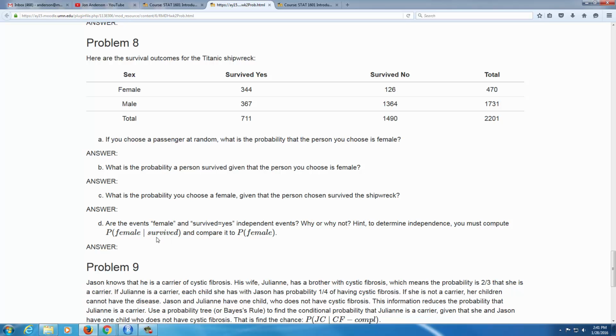If knowing the survival information doesn't change your probability about being a female passenger, surviving is an unrelated piece of information, and surviving and female would be considered independent. If these probabilities are not equal, then the events are dependent. So follow the example in the notes for doing this and carry that out right here for this answer.